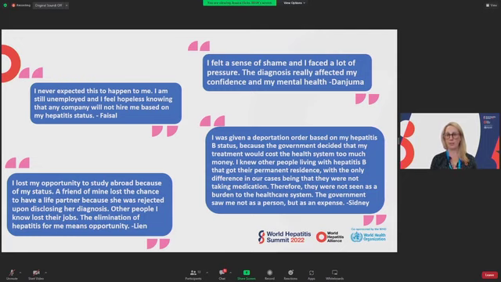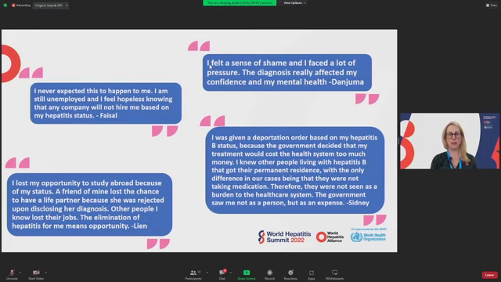There are unfortunately horrible stories about people who were given deportation orders because of it. This final quote, the government saw me not as a person, but as an expense, shows just how dehumanized people can be, and some of the stigma and discrimination that is so inherent in the community.